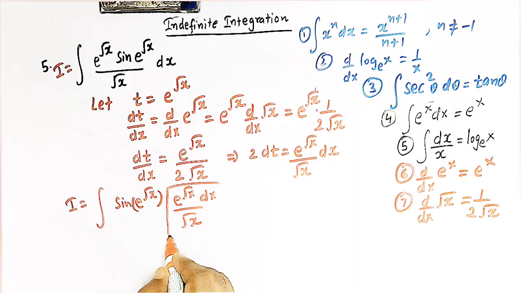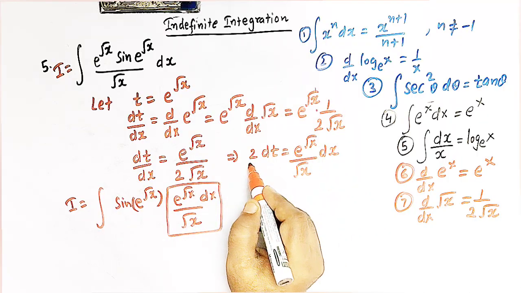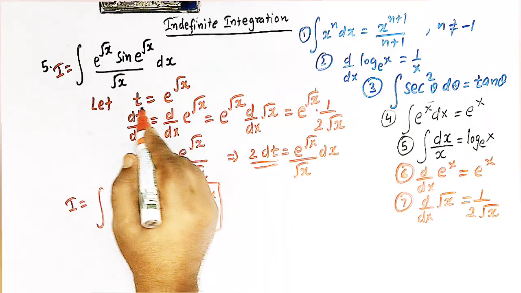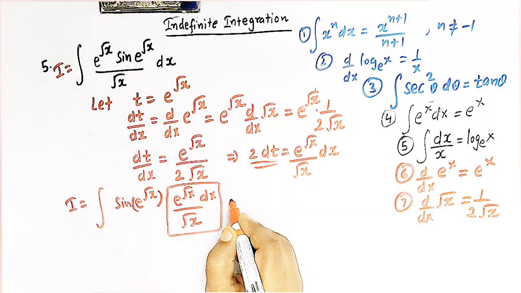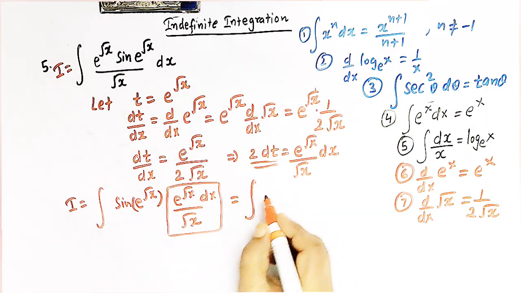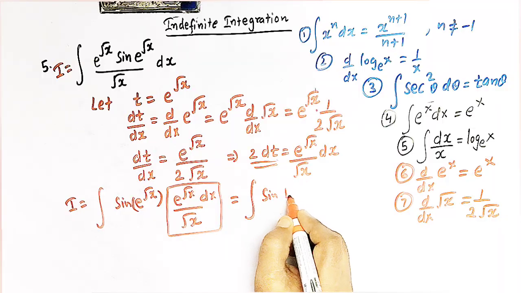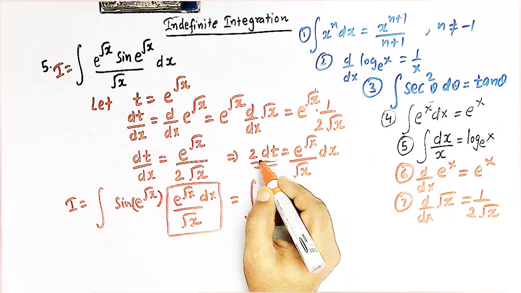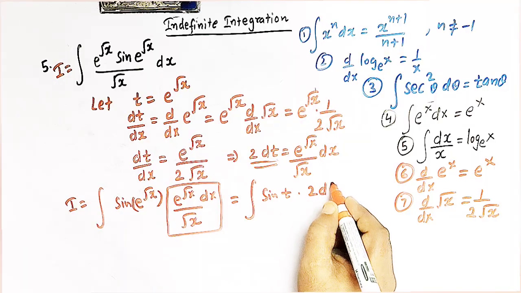So for this term, we can now write 2 dt, and for e raised to root x we can write t. So we have here sine t, and for this entire term we can take 2 dt.